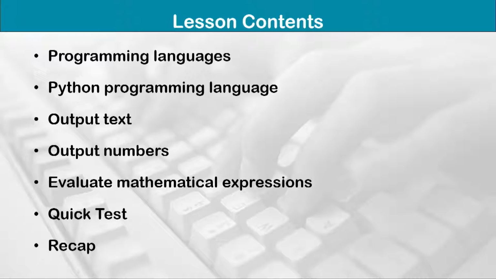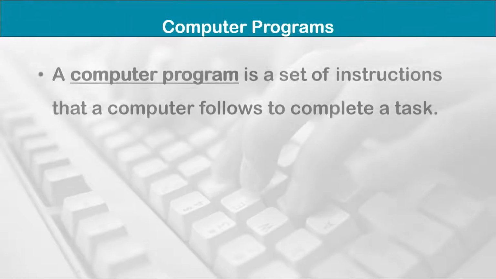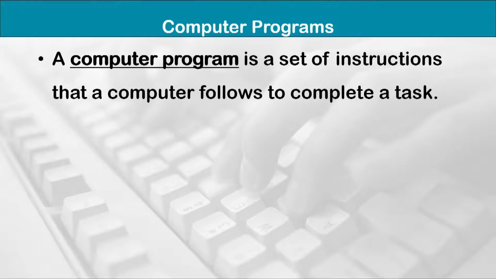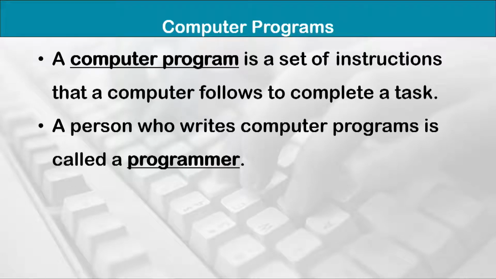Let us first understand what computer programs and programming languages are. A computer program is a set of instructions that a computer follows to complete a task. A person who writes computer programs is called a programmer.